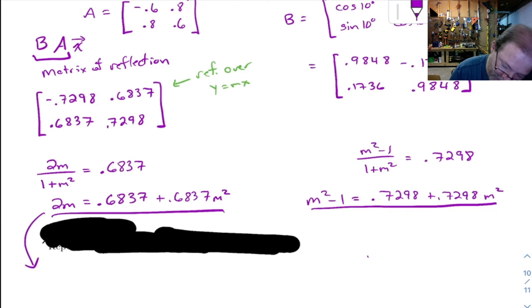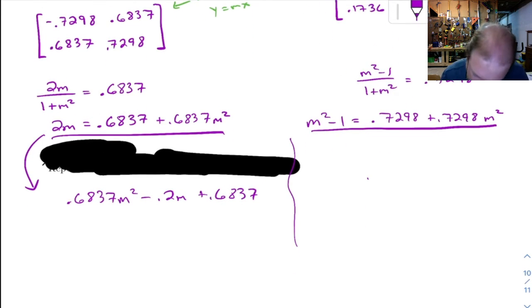Okay, this is going to give me, if I move the 2 over, 0.6837 m squared minus 2m plus 0.6837 equals 0. Let's just solve this one first.